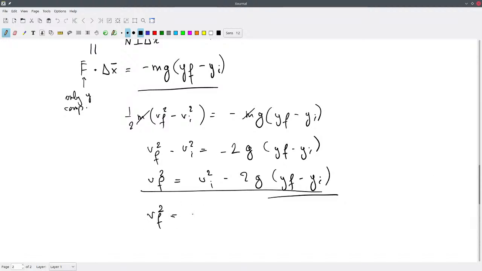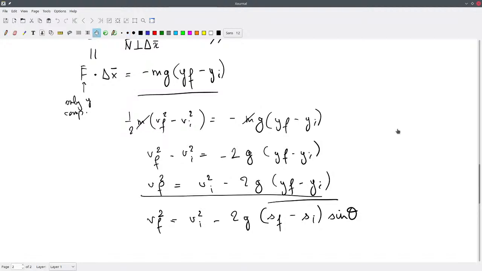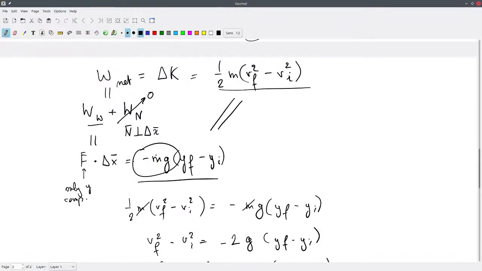The final velocity squared is the initial velocity squared minus 2g, and then we have yf is sf times sine theta and yi is si times sine theta. I'm just going to put that at the end here. So why is it minus mg here? That's because the force is, of course, going in the negative y direction. So that's why there's a minus sign there.